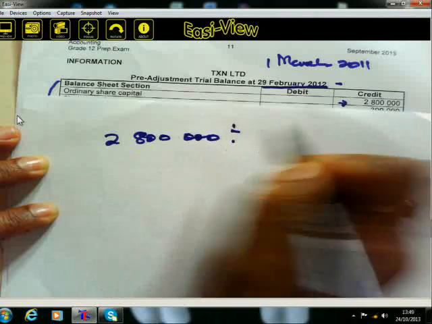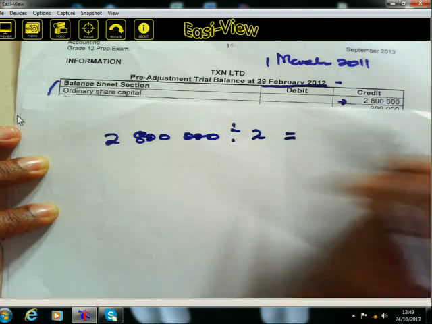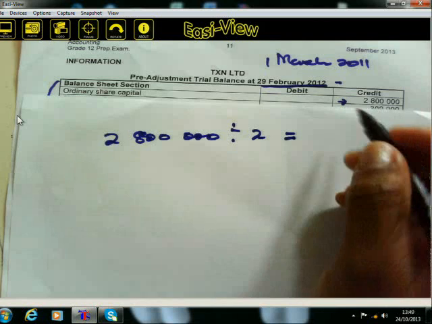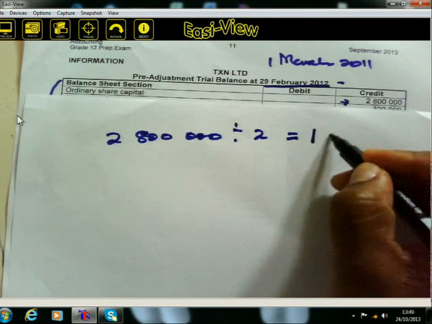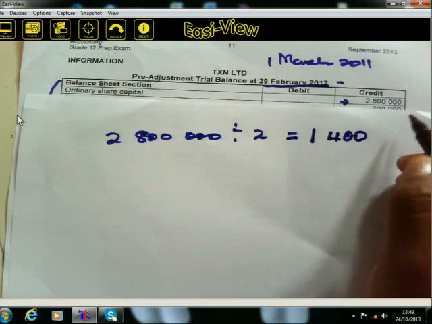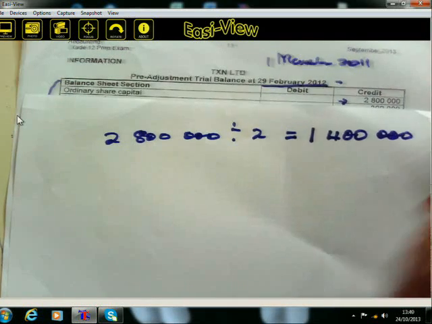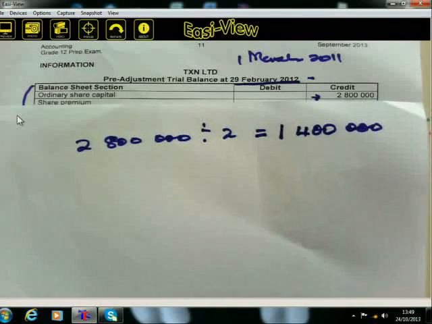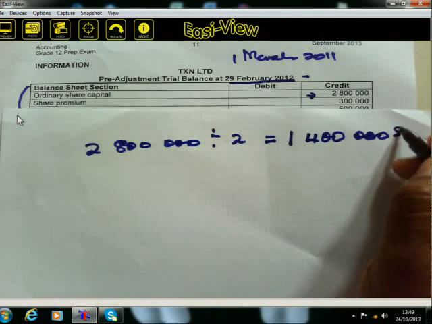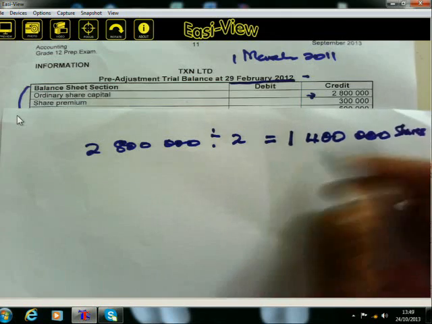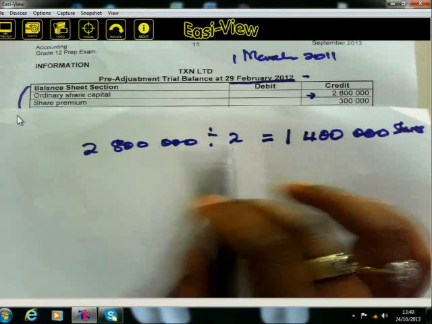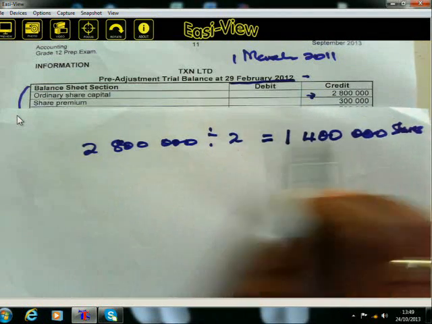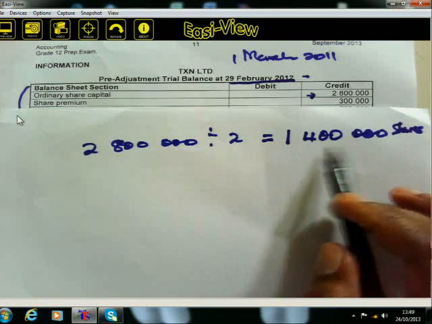Then we say the shares issued out of the 2 million shares is 1,400,000. So now that we know the issued shares, the amount received is 2,800,000, but when we divide the actual amount by 2 rand, we find that the shares issued were 1,400,000.